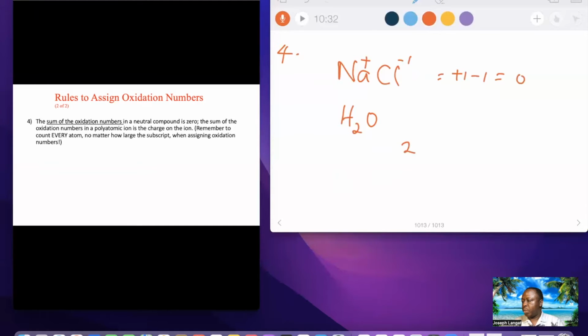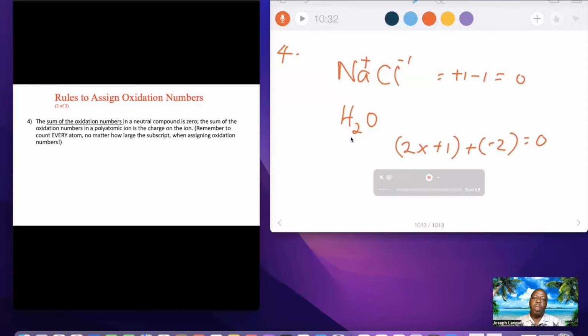Here, 2 times +1 for hydrogen plus -2 for oxygen, we equate to 0. Remember, when it's a compound, the oxidation state for chlorine is -1, sodium +1.